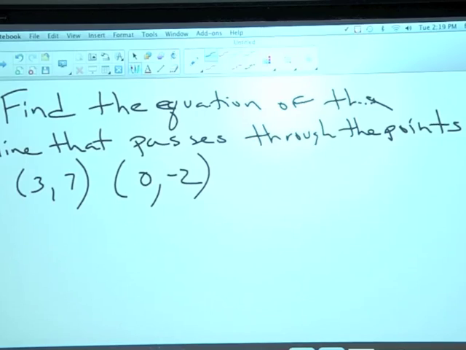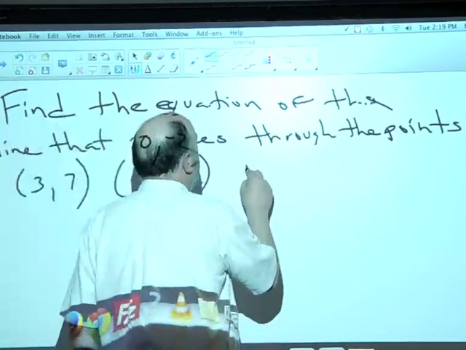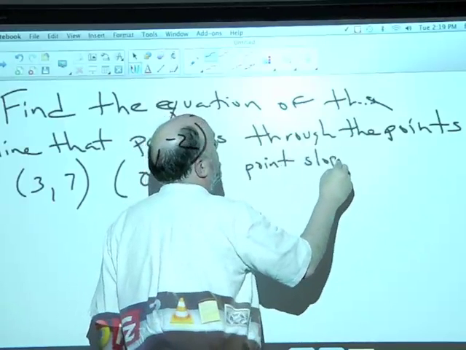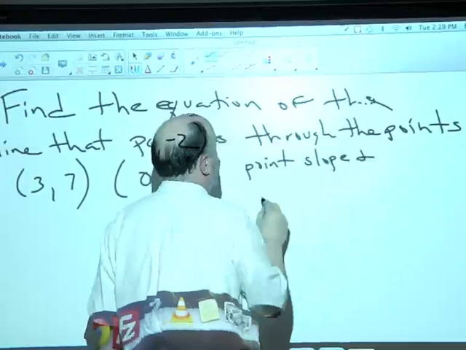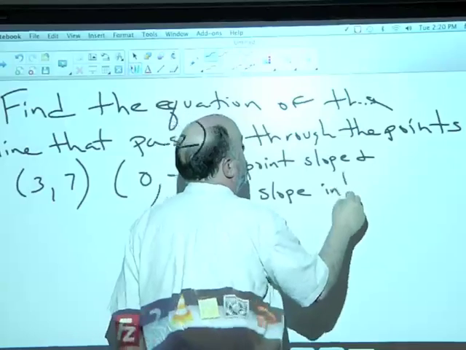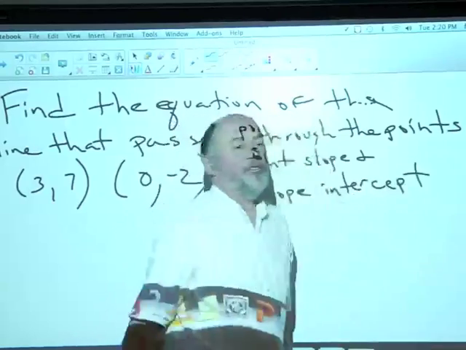I want to find the equation of the line that passes through these 2 points, and let's find it in both point slope and slope intercept form. I'm going to find the equation in those 2.